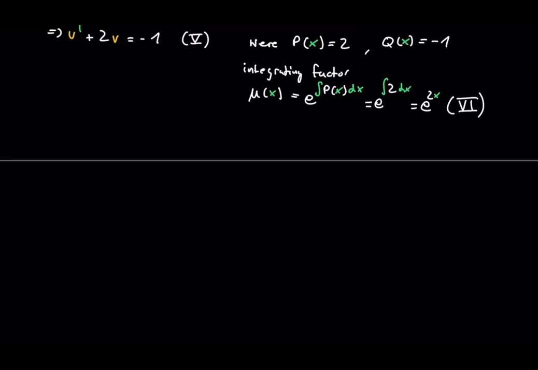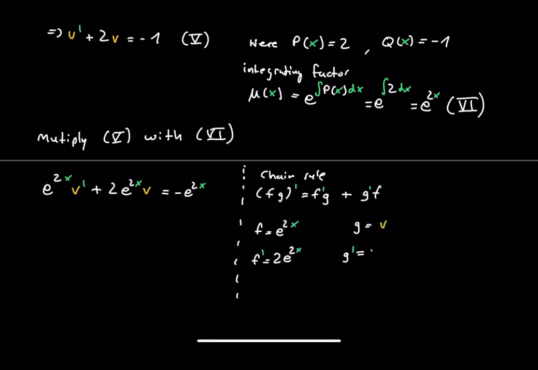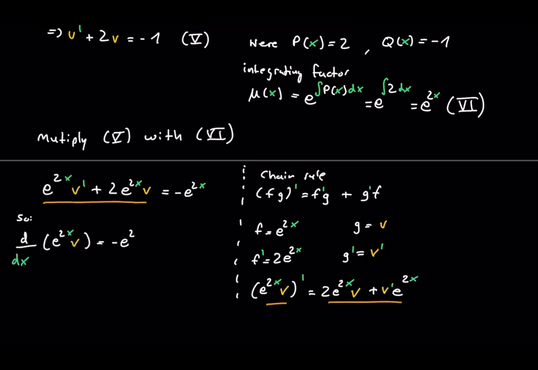Multiply the whole equation by e to the 2x. e to the 2x times v prime plus 2 e to the 2x times v equals negative e to the 2x. The left-hand side is now the derivative of e to the 2x times v. So we have the derivative with respect to x of e to the 2x v equals negative e to the 2x.